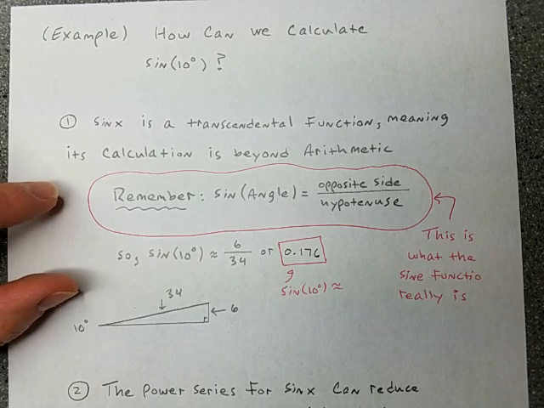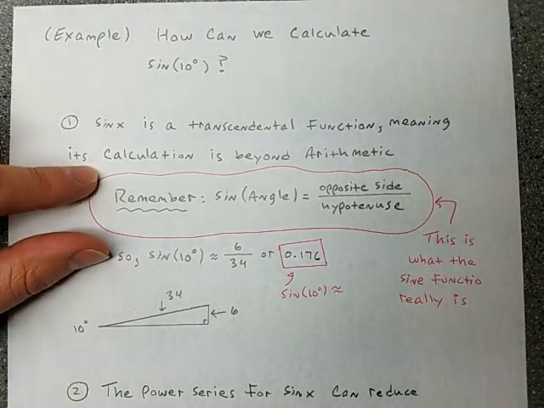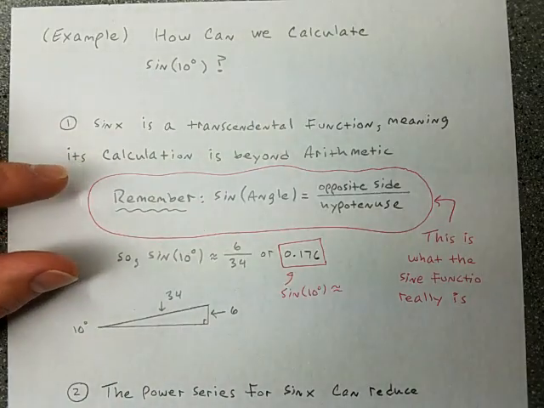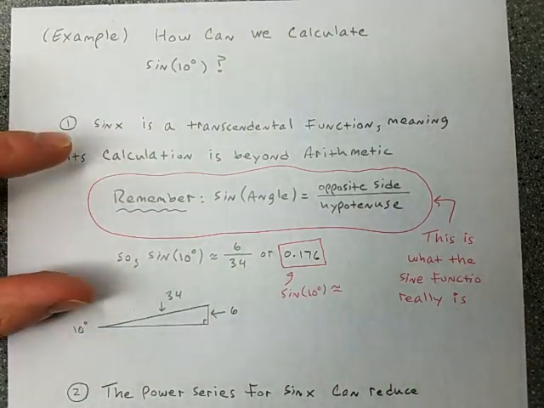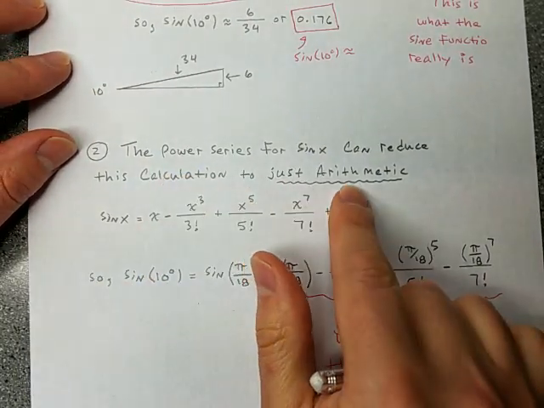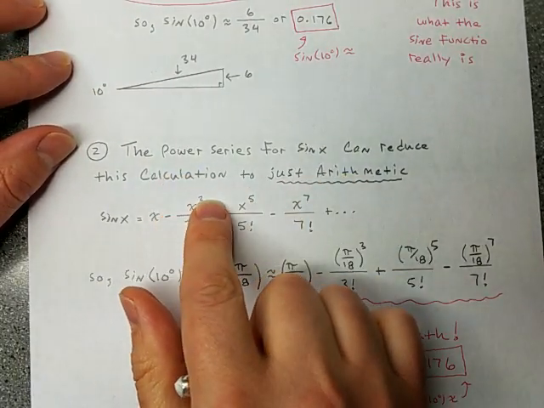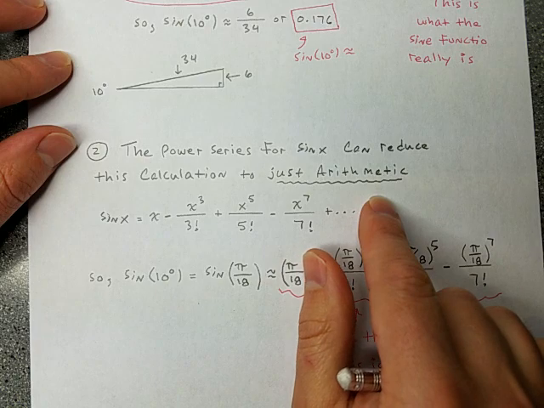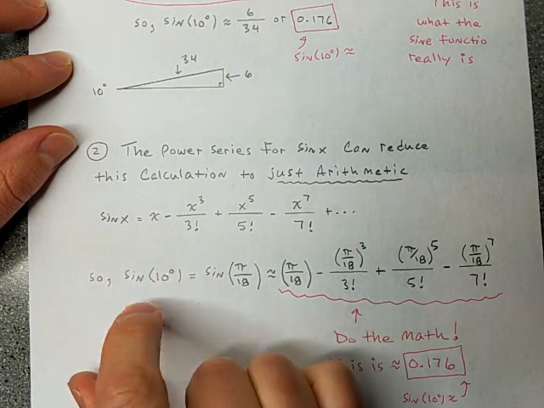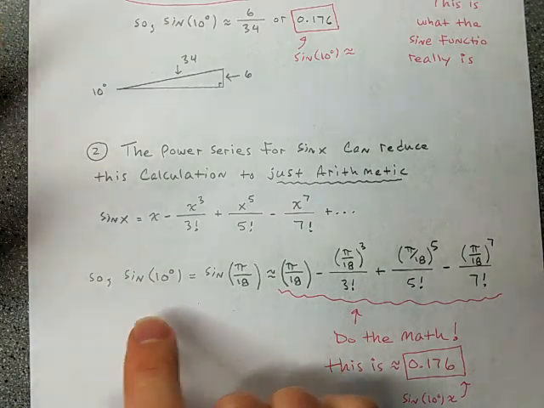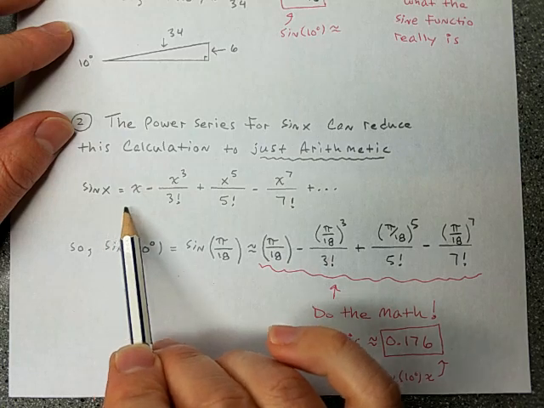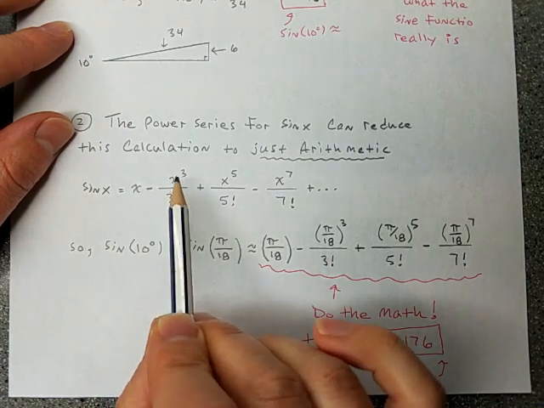All right, that's how you do it. We take that for granted though, because we just press this button every time we need to find sine of an angle. But that's what it really means. But the power series can reduce that calculation to just arithmetic. If this is the power series for sine, then you can do sine of 10 degrees this way. Now, one catch is, when we use this, that angle's got to be in radians.